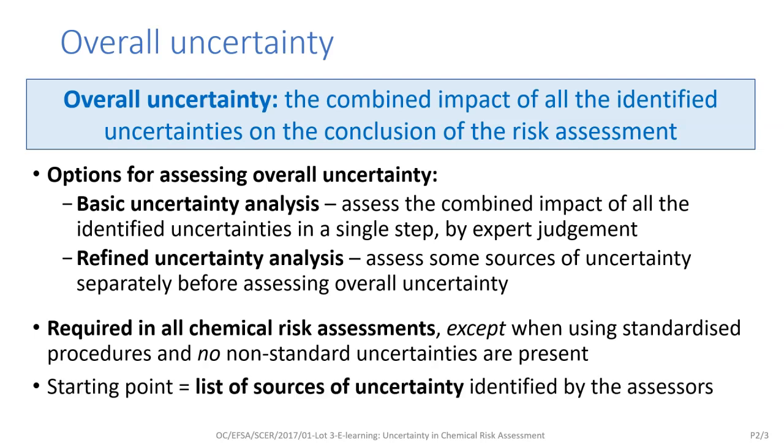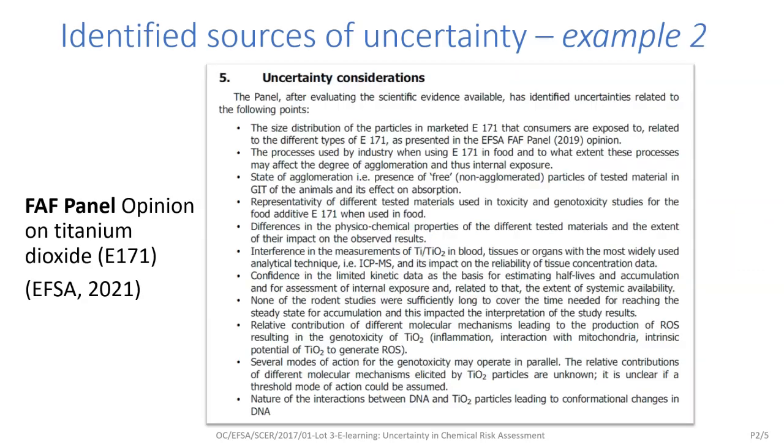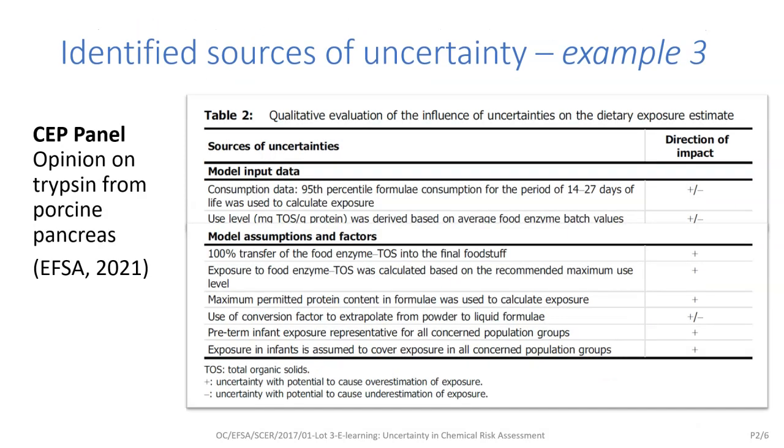The starting point for both options is the list of uncertainties identified by the assessors. You'll remember I showed 3 examples of such lists in the first presentation. One from EFSA's Contam panel, one from the FAF panel, and one from the SEP panel.